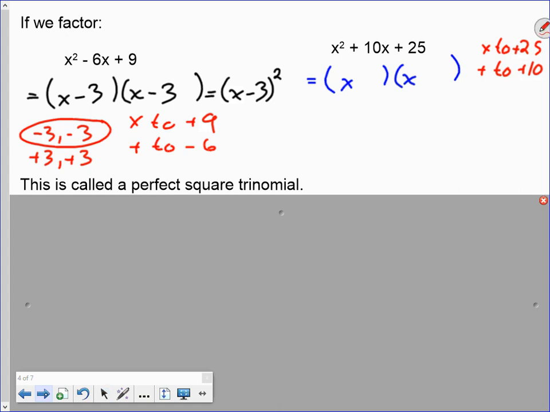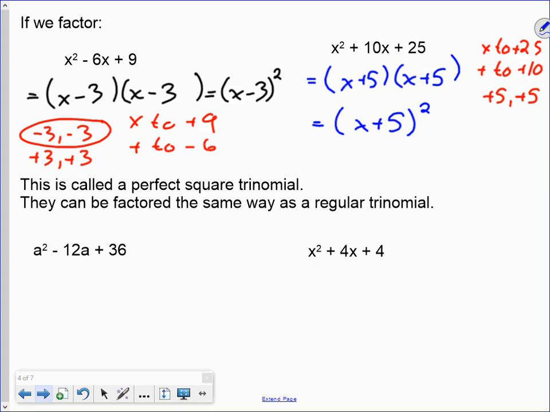They're going to be positive 5 and positive 5. So this factors to x plus 5, or x plus 5 squared. So sometimes you can recognize this pattern in the same way.